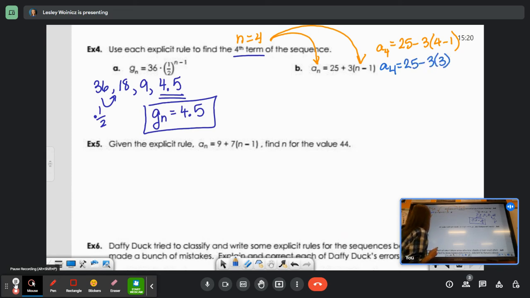What's 3 times 3? 9. Okay, 25 minus 9. Oh, I did minus. It's supposed to be plus. Would you guys help me fix that? It's supposed to be plus. What's 25 plus 9?